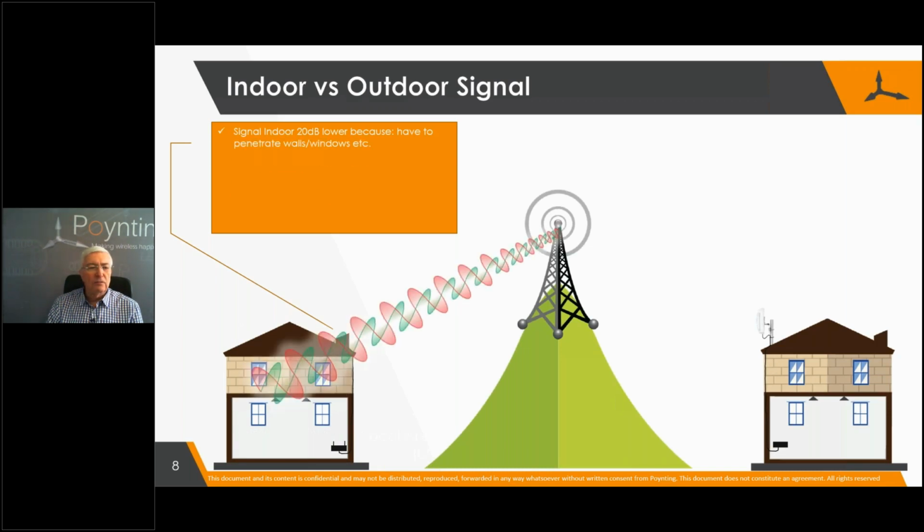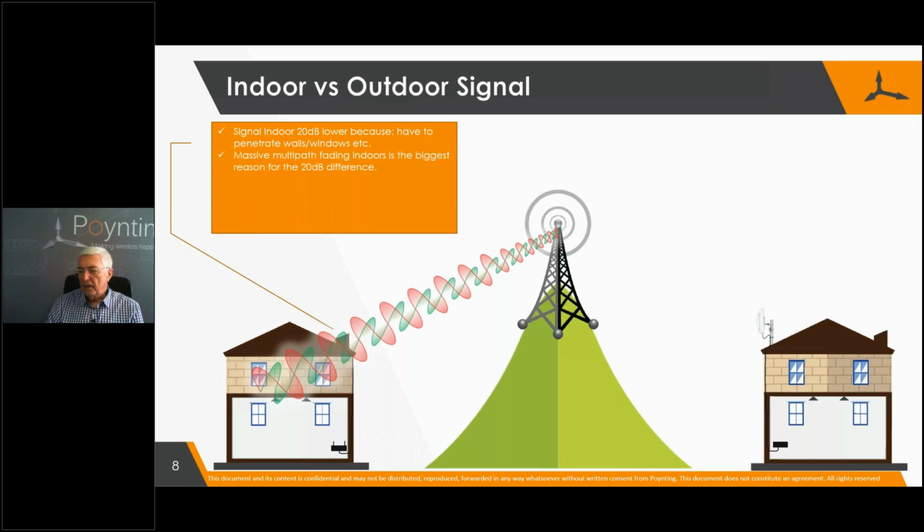The signal that's coming in from the outdoors is 20 dBs lower. Now, all that means is that the signal that we receive inside is 100 times smaller than the signal that's coming from outside, having to penetrate the brick wall, a slab with reinforced metal, that type of thing.